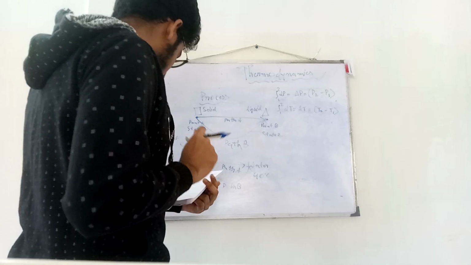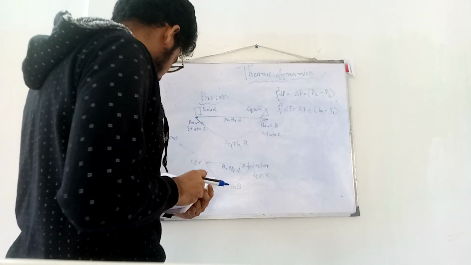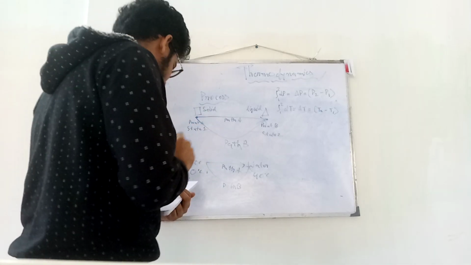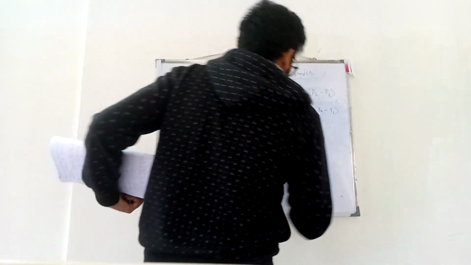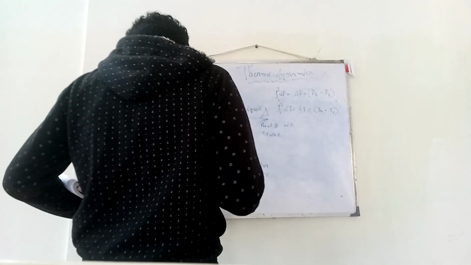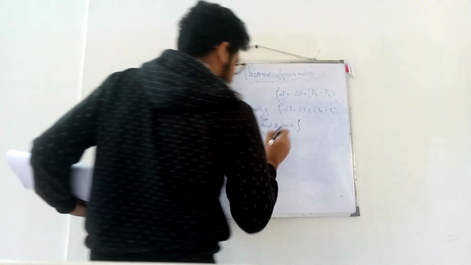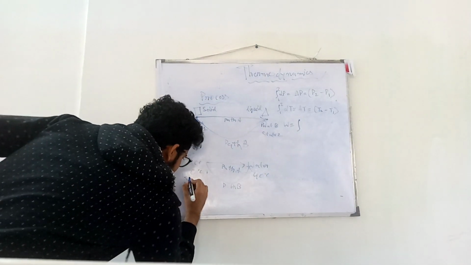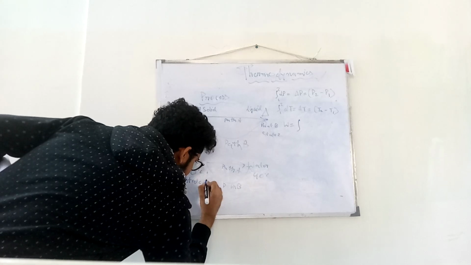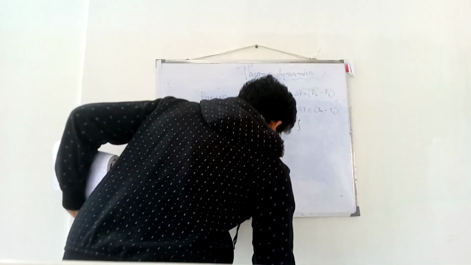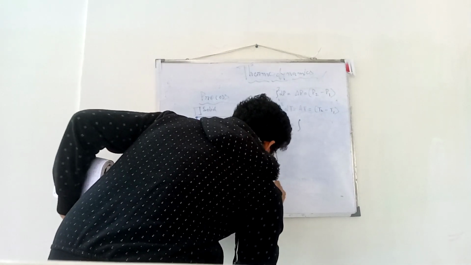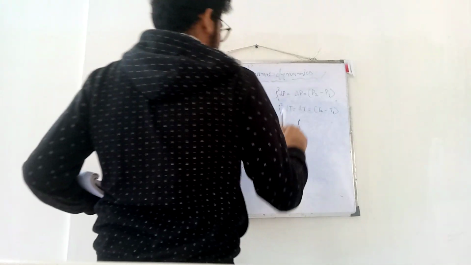Okay? So the work done during this process, the equation of work done, will be W equal to the integration of, suppose this is state 1 and this is state 2.